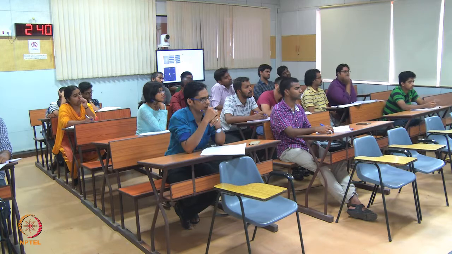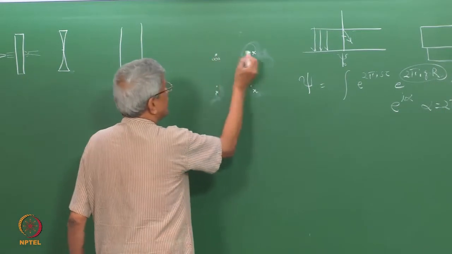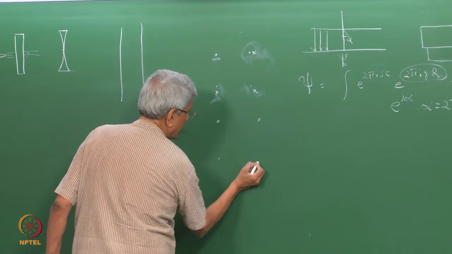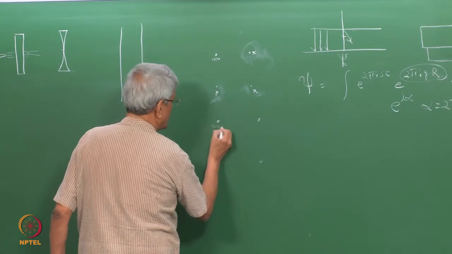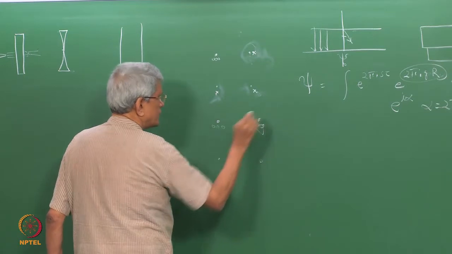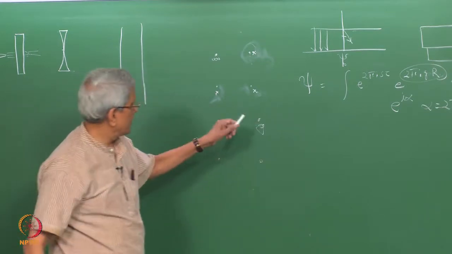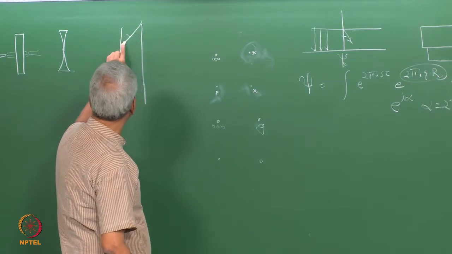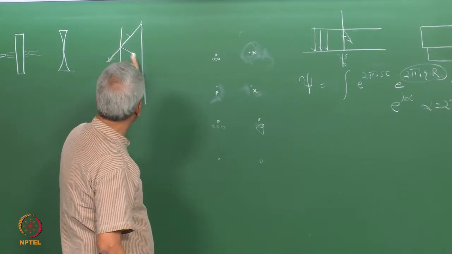See, when multiple scattering takes place, you assume that it's only one type of lattice. This is 0, 0, this is G. This can act as a new incident beam, and the beam is falling diagonally like this.